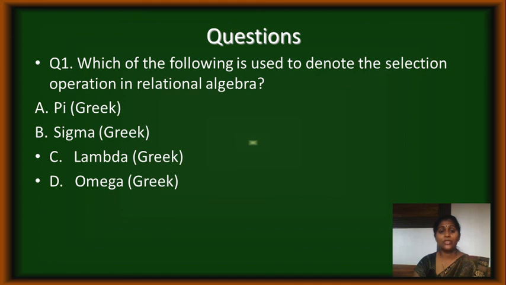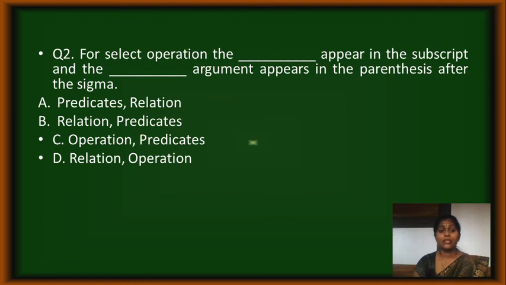Which of the following is used to denote the select operation? Whether pi, sigma, lambda or omega. Yes, it's sigma. Okay, then for the select operation the dash appears in the subscript and the argument appears in the parenthesis after the sigma. What will be?